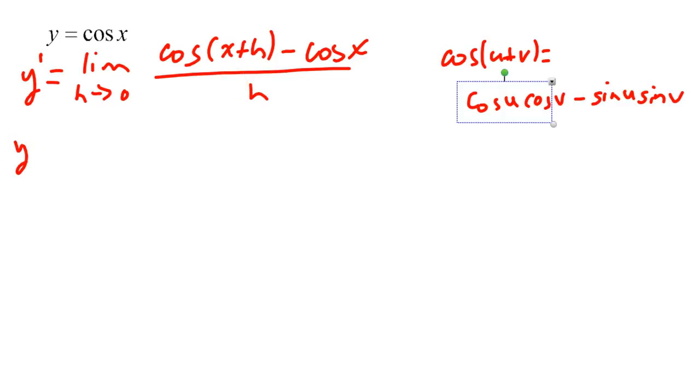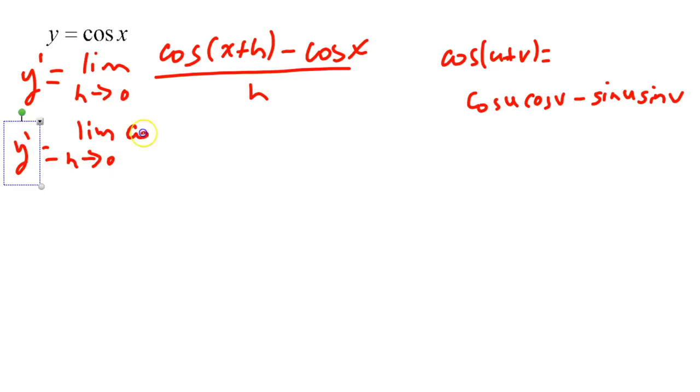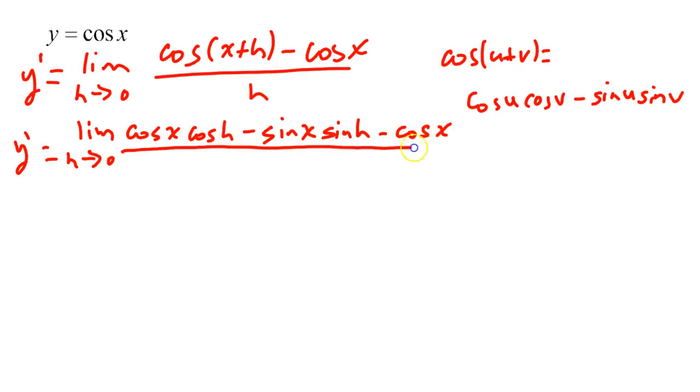So, we can say that the derivative will be the limit as h approaches 0 of, expanding this, the cosine of x times the cosine of h, minus the sine of x times the sine of h, minus this cosine of x, and that's all over h. Now I'm going to do some manipulation of this expression.